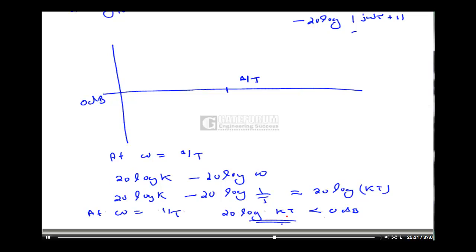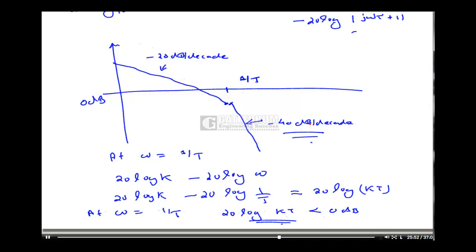Okay, so while plotting, at 1 by T my point will be somewhere here, and it will start with a slope of minus 20 dB per decade. At omega equal to 1 by T, one more pole is added. This pole will change the slope from minus 20 to minus 40 dB per decade. Okay, this way this Bode plot is plotted.